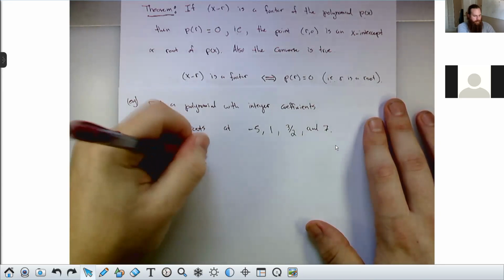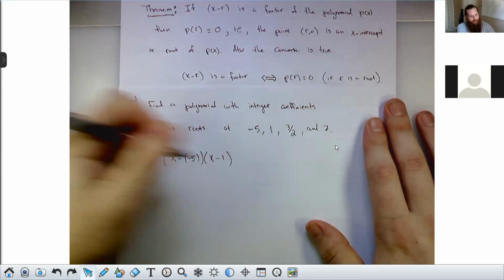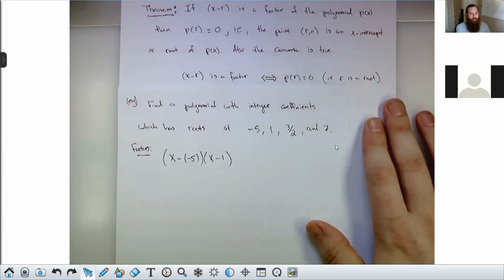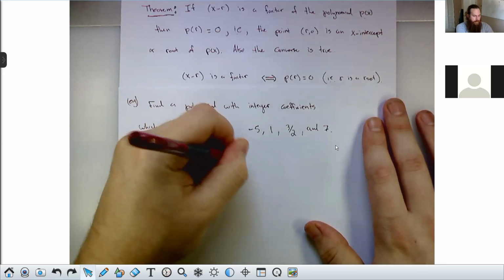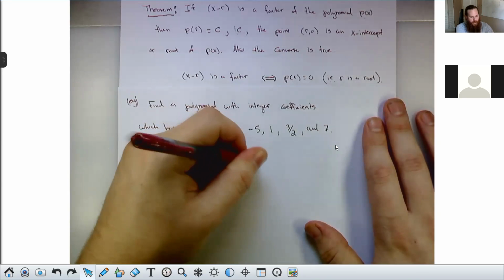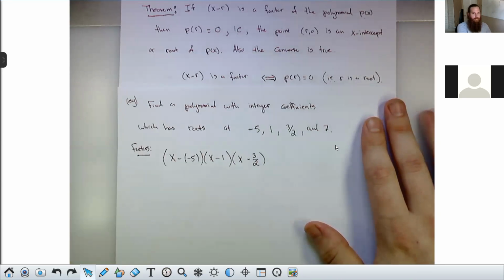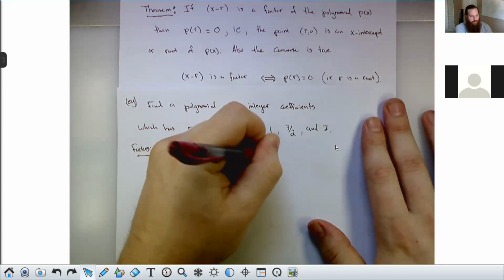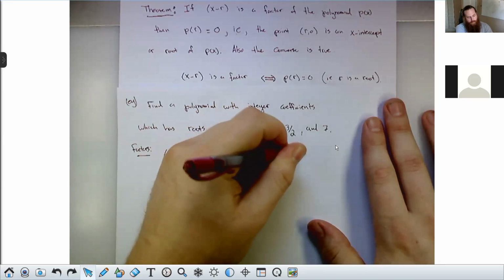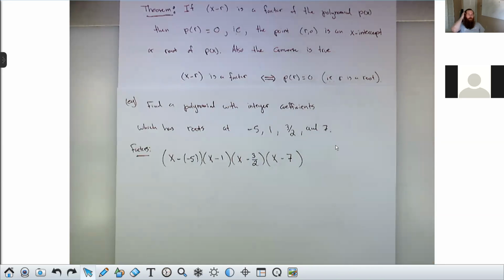One being a root means x minus 1 has to be a factor. 3/2 being a root means x minus 3/2 has to be a factor. And 7 being a root means x minus 7 has to be a factor. And factors being what they are, this is your polynomial, right?